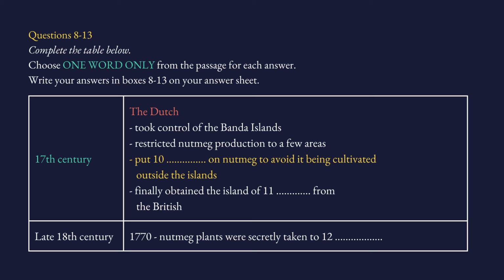So basically, they didn't want people outside their islands to be able to cultivate these nutmegs, to produce these nutmegs. So they put something, maybe like a cover on these nutmegs, so that other people cannot use them to start producing nutmeg. So that's the meaning. What are the keywords? Put on nutmeg, avoid outside islands.